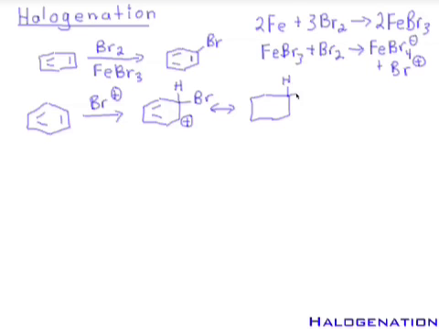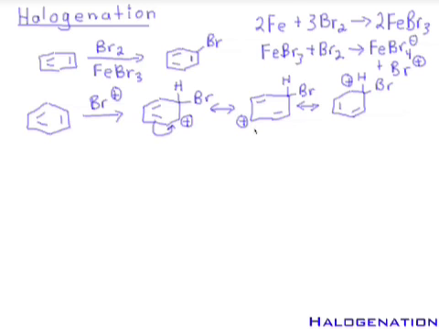You'll notice that I am drawing the exact same resonance structures I drew last time. So these two electrons moved here. This is my resonance stabilized benzenonium ion.